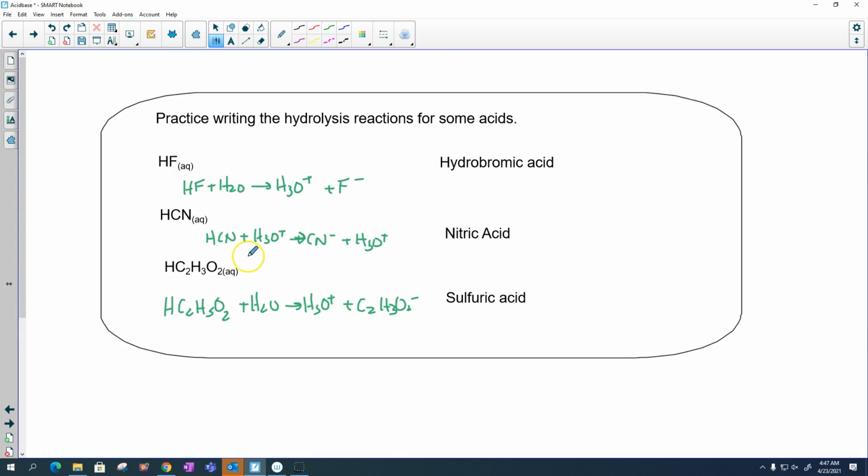So look, it's kind of similar here, right? We've done some of these already, but if you try some of these, you'll see they're just starting to get easier and easier, and you'll find that this is really just following that little template. Hydrobromic acid, okay, HBr plus H2O yields H3O plus and Br negative.